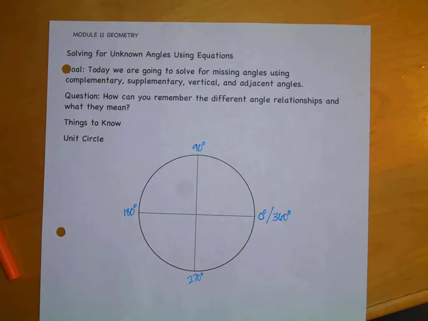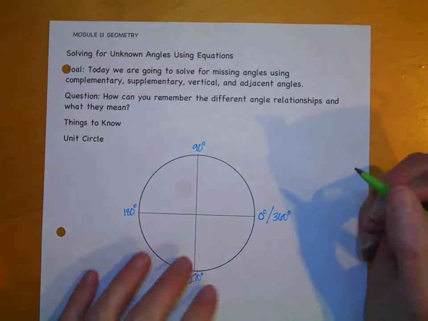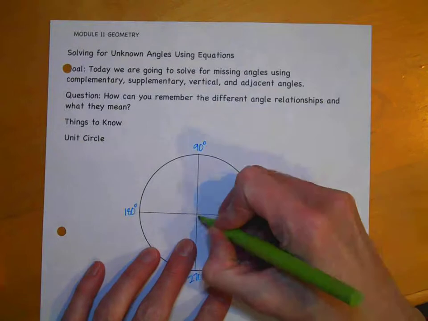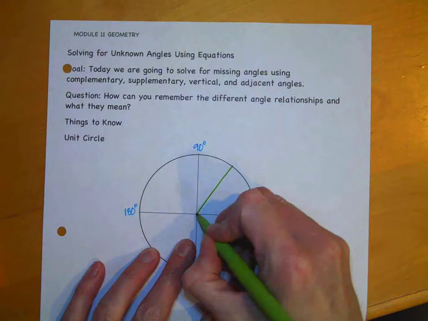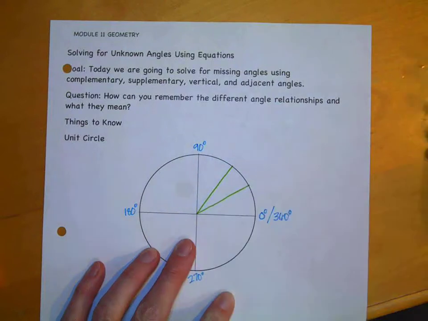Okay, so talking about that, we need to show on the unit circle what some of these angles represent. One of the things that I would like you to notice first of all is that if you take an angle, I would like to use green. If I took an angle right here and said, let's say it cuts it like that, and then it cuts it like this.